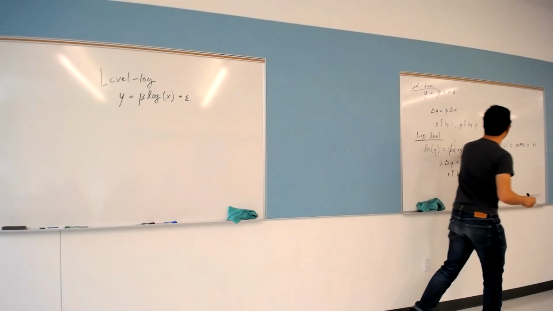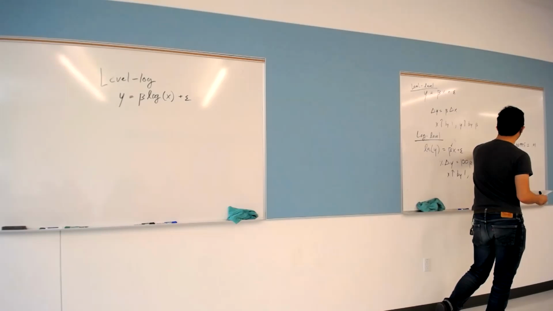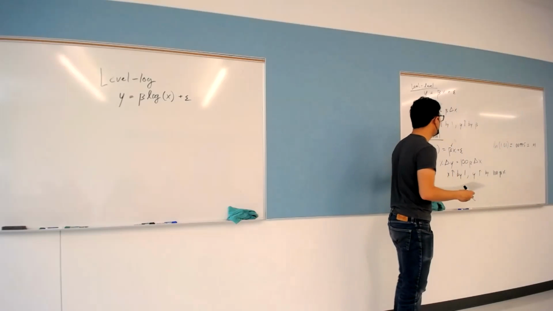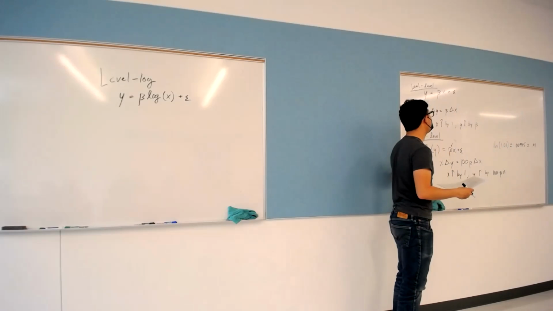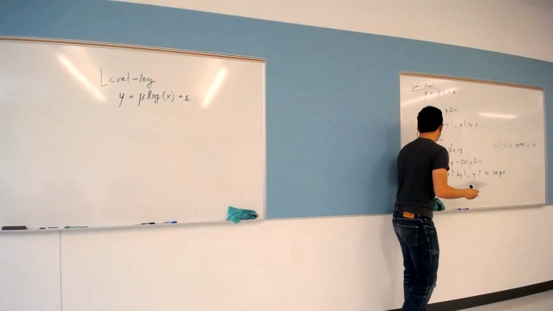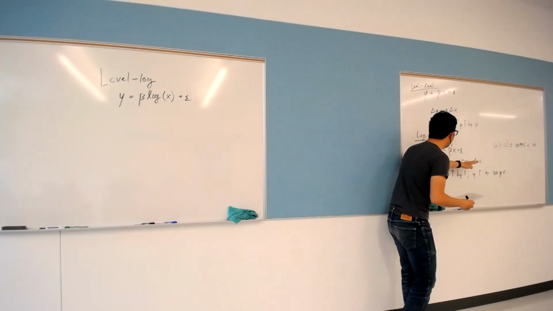Okay, wait, I can look here. That's right. It would be changed by that percentage. So you don't have to multiply by 100. Is that right? I'm getting myself mixed up here. Okay, hang on.